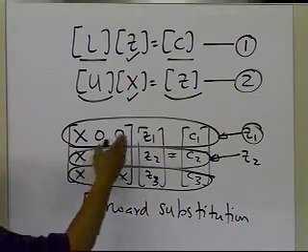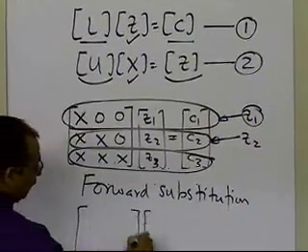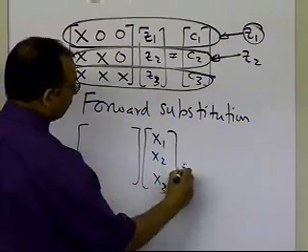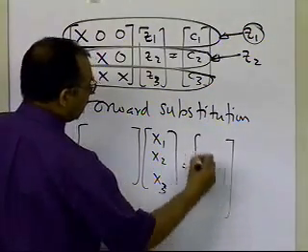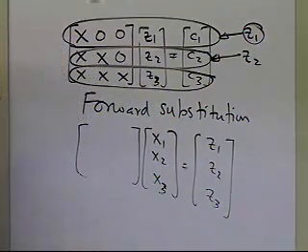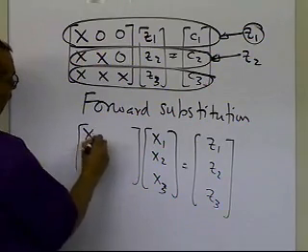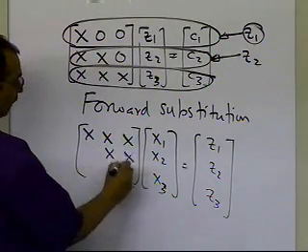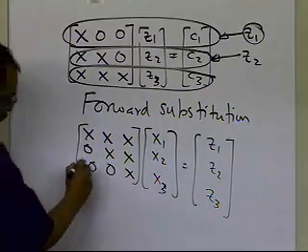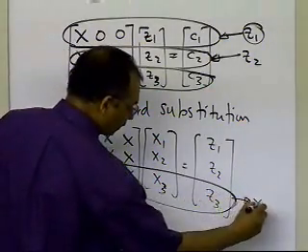And same thing, once your Z1, Z2, and Z3 are found, you can look at the U matrix, which is X1, X2, X3, let's suppose, for a 3 by 3 example. And I'll put my Z1, Z2, and Z3 values, which I just obtained from solving the first set of equations. The upper triangular matrix is going to look like this, and there will be zeros right here. And now here I can do back substitution because I can solve this equation and find out what X3 is.